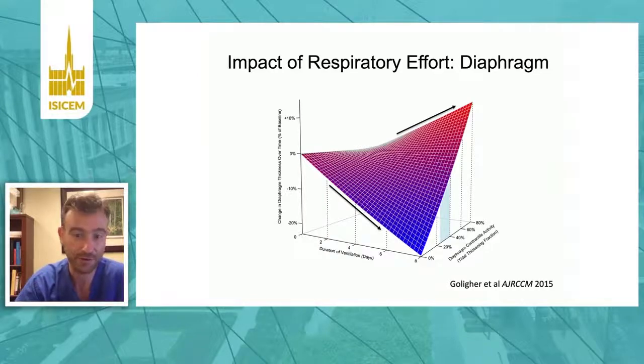When diaphragm contractile activity, measured by the thickening fraction, is very low, it was associated with a rapid decrease in thickness, whereas when contractile activity was very high, it was associated with a rapid increase in thickness, which we hypothesize constitutes load-induced injury for various reasons. This suggests that the level of respiratory effort, the level of diaphragm activity, is a key determinant of the risk of developing these clinically important structural changes.